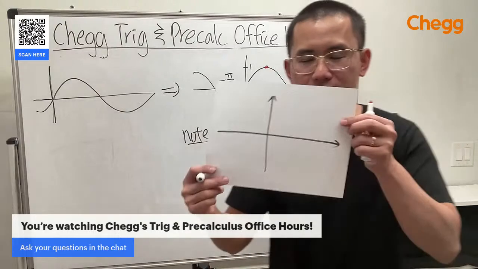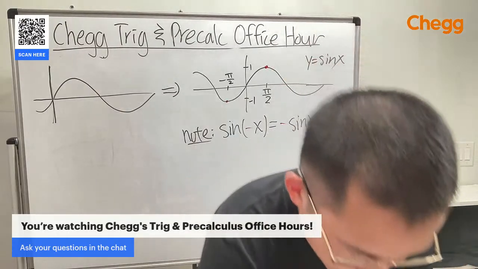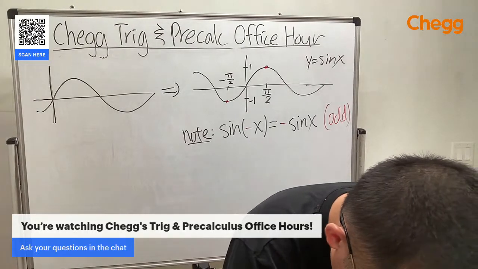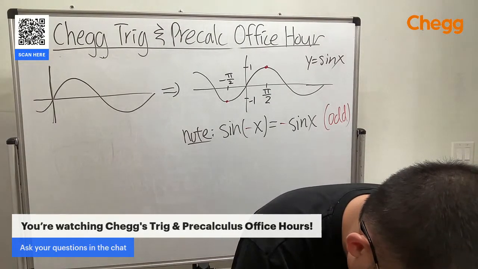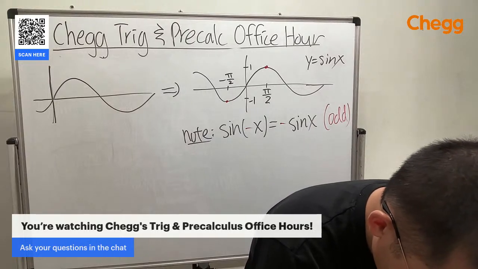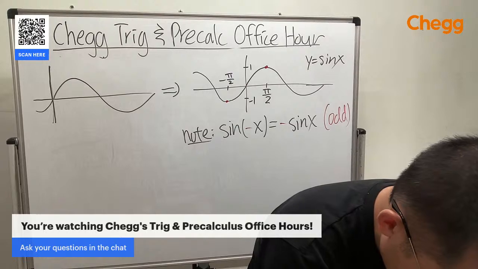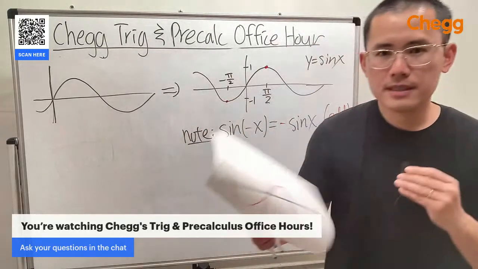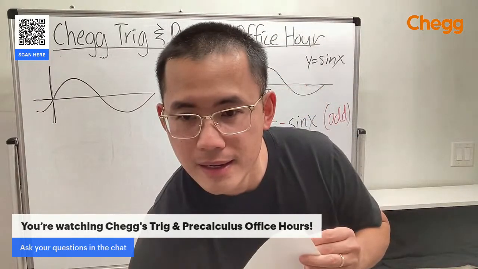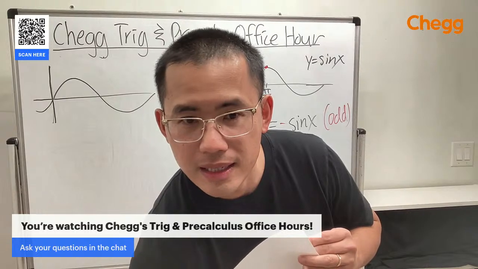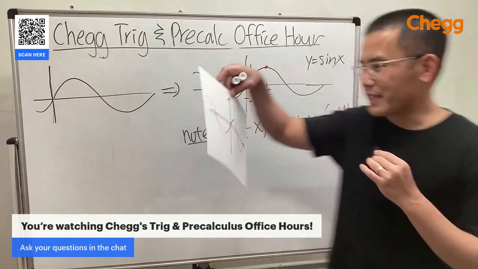So I have my x-axis and my y-axis, and I'm going to give you the sine graph. Okay, let me see. Okay, this is my sine graph.